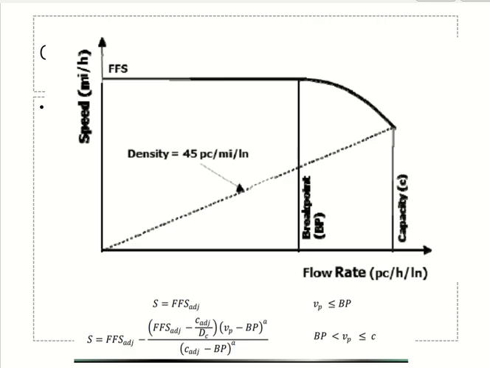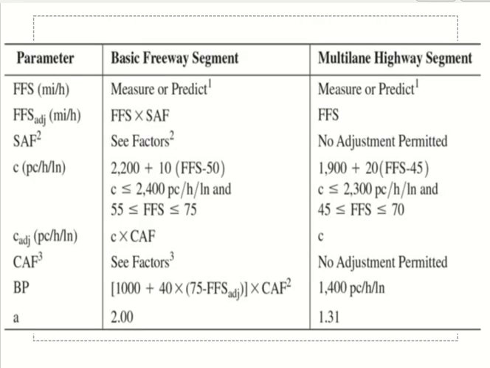This will continue up to the breakpoint. What is my breakpoint? It's a freeway, so my breakpoint will be coming from here: 1056 passenger cars per hour per lane.